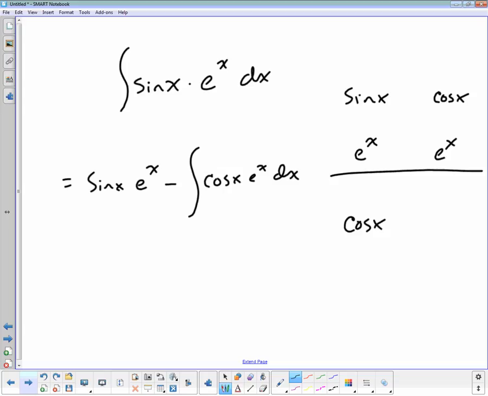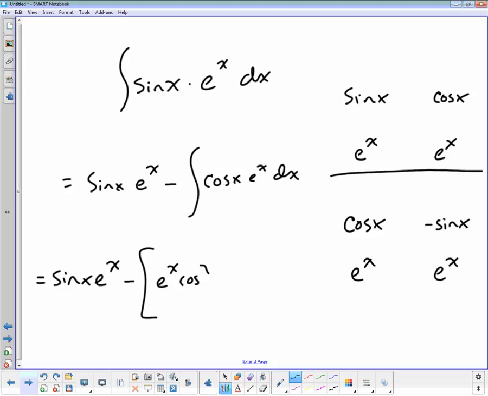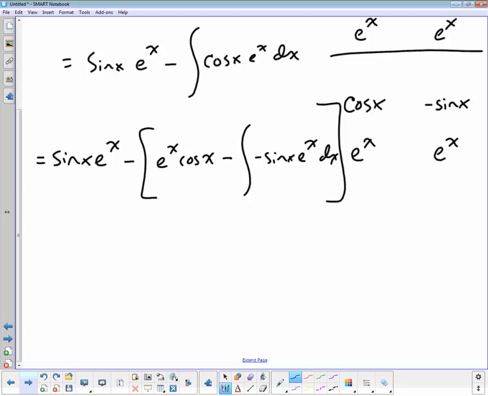Cosine of x, derivative of cosine is negative sine of x, e to the x, e to the x. And this becomes e to the x cosine of x minus the integral of negative sine x e to the x dx. And we simplify.